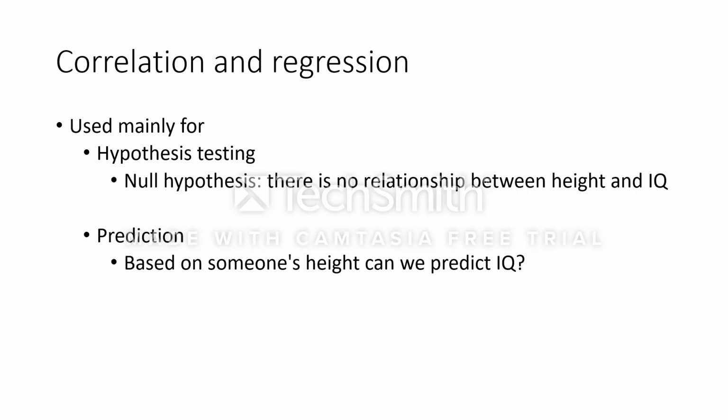And regression also allows us to do something extra, which is to predict future scores based on the data that we've already collected. So, based on someone's height, can we predict what their IQ might be?